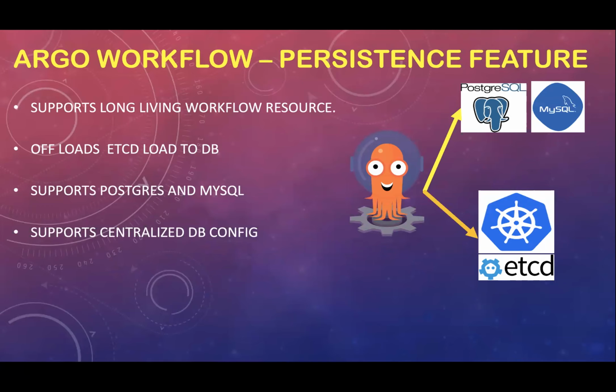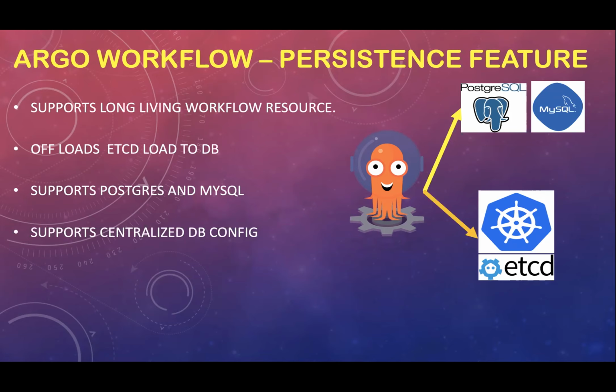Okay. So far, Argo Workflow is using etcd for persistence. So we are storing all the workflows in etcd, and most of the time the etcd GC will garbage collect completed or failed workflows after some time.